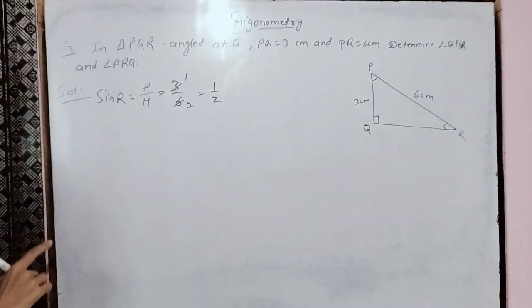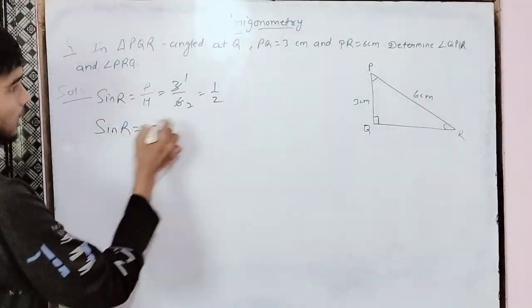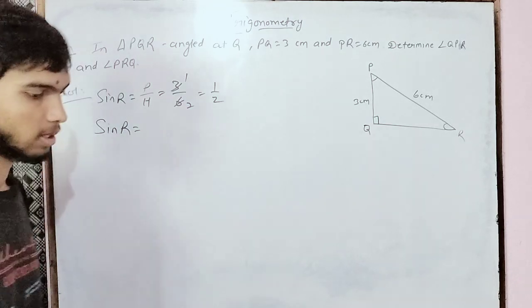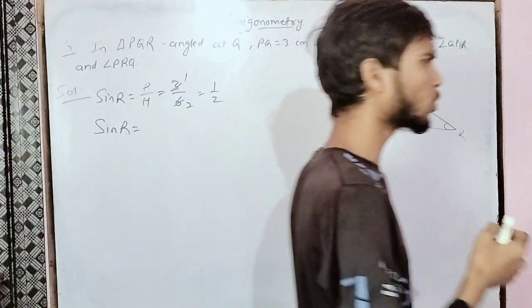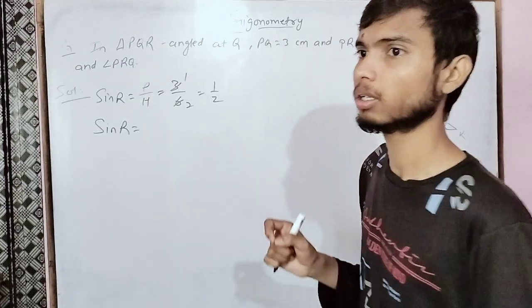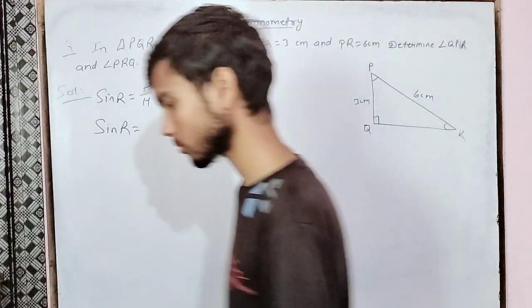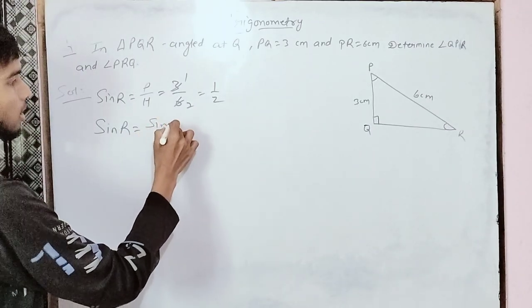It is telling you the value of this, which trigonometric ratio has this value. So you would say sine 30, isn't it?